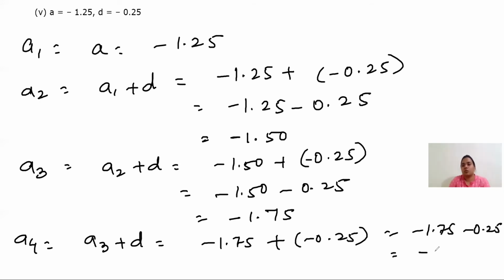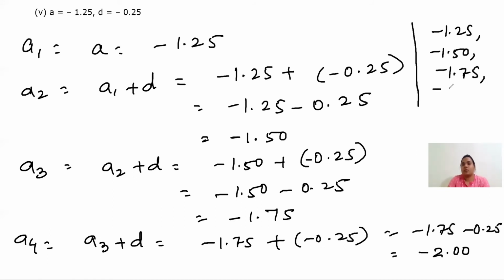This is equal to minus 2.00. So our first four terms are, I'll write here only, minus 1.25, second is minus 1.50, third is minus 1.75, and the fourth is minus 2.00.